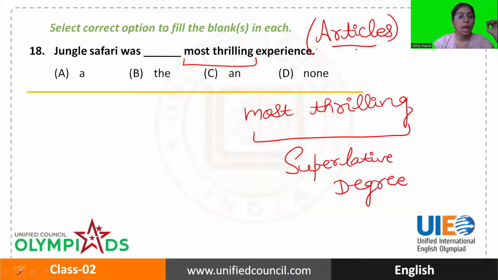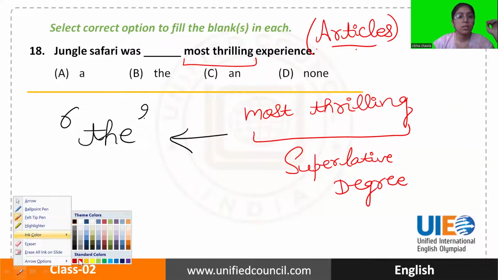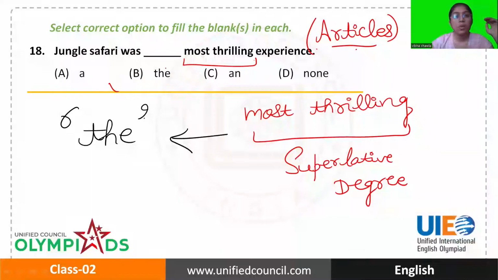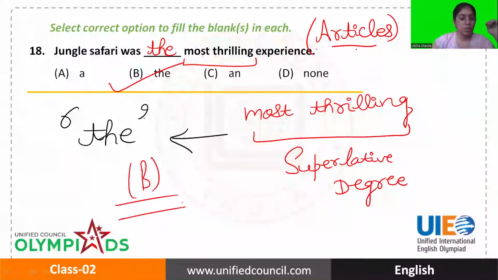And we all know that before superlative degrees of adjective, we use the article the, right? So jungle safari was the most thrilling experience. So it is option B, which is the correct answer here.